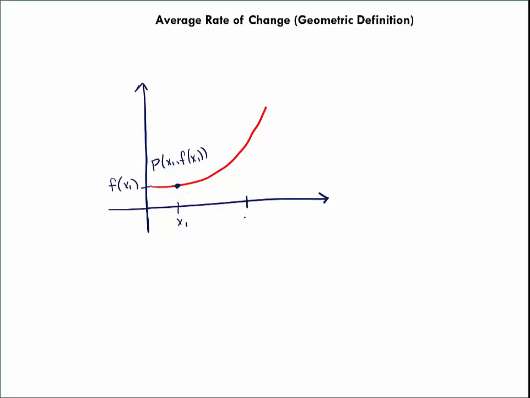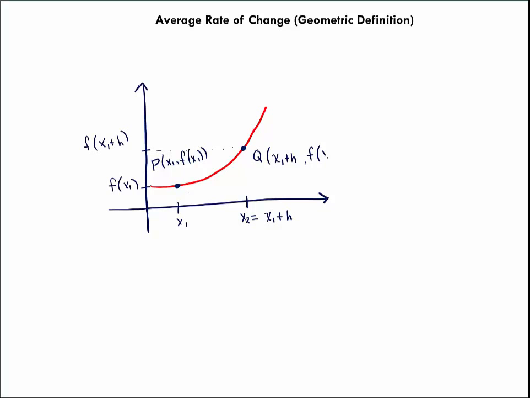Then I can come out here and get an x sub 2, which we said we're calling x sub 1 plus h. And I can get another point here, let's call it Q, which would be my x value would be x sub 1 plus h, comma, my y value, which would be f of x sub 1 plus h.